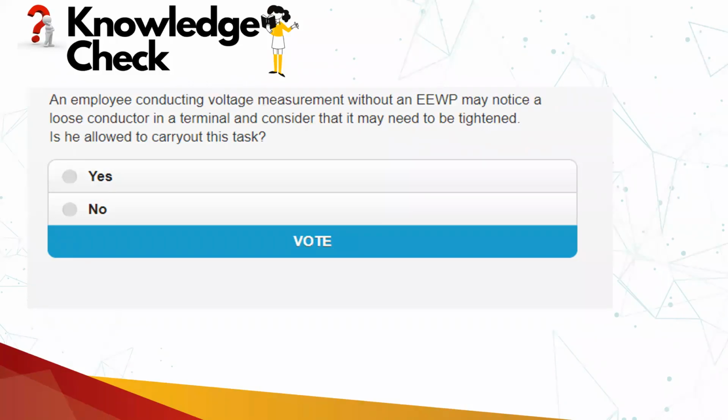But if it falls under the exemption category, the task can be performed live, and energized work can be performed, then an energized electrical work permit will be completed for this particular task.